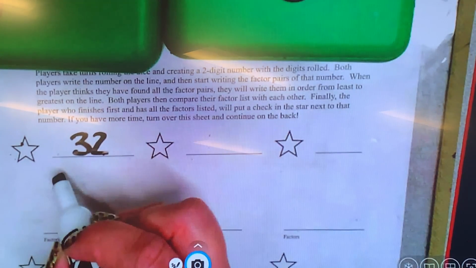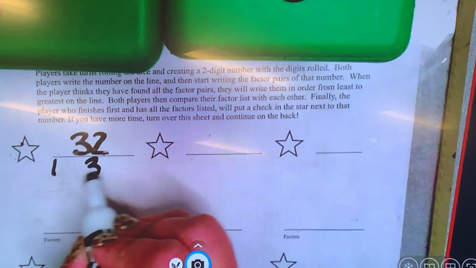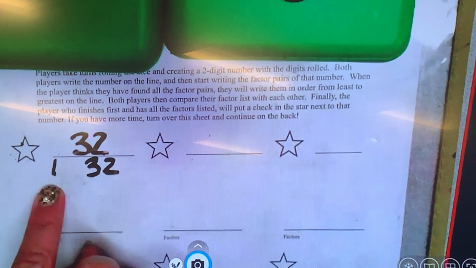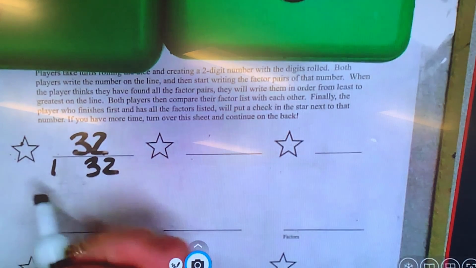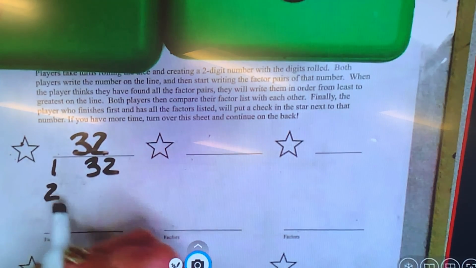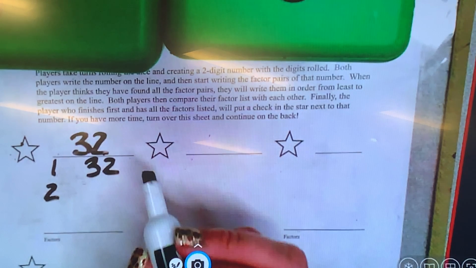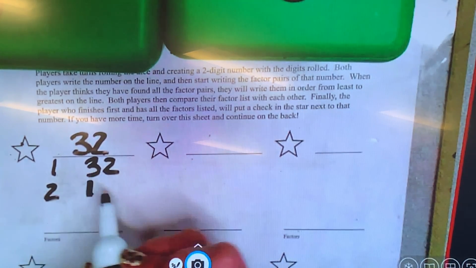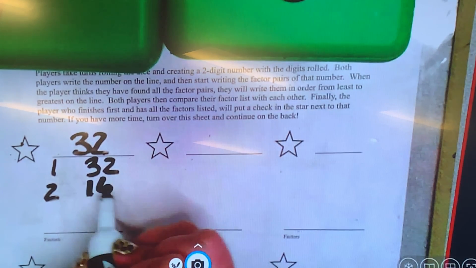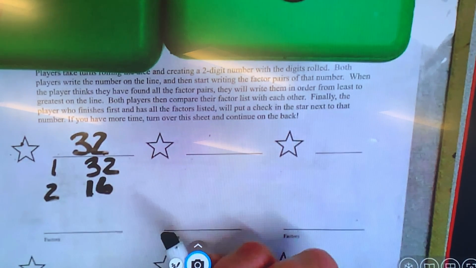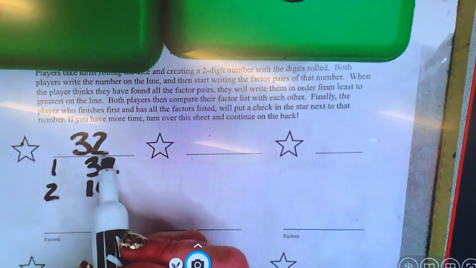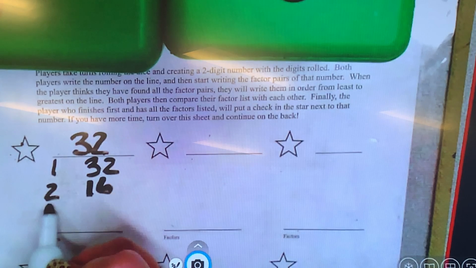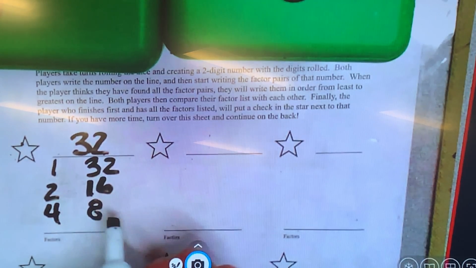Also, we're just getting practice. 1 is a factor of every number, so we'll start with that. 32 is even, so we know 2 will go into it. That would be 16 times. 3 will not work because 3 plus 2 is 5. 4 times 8 is 32.